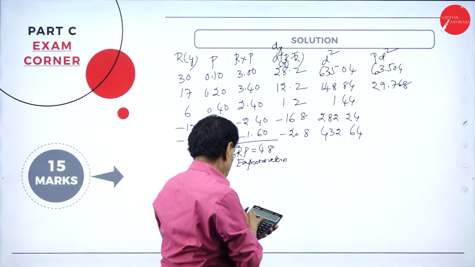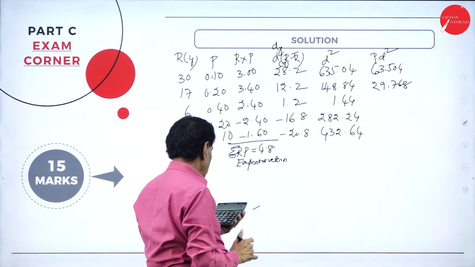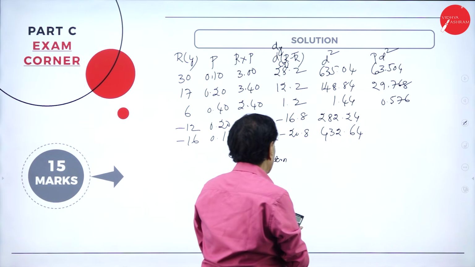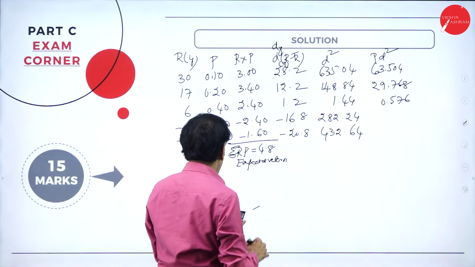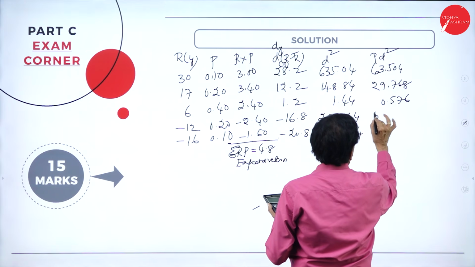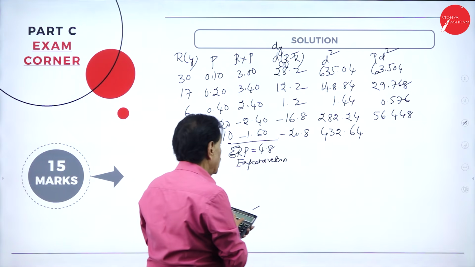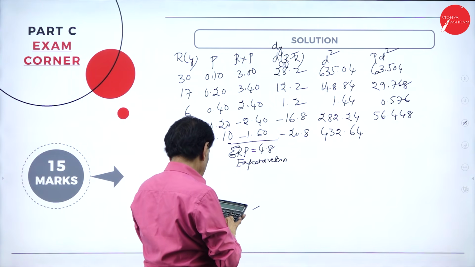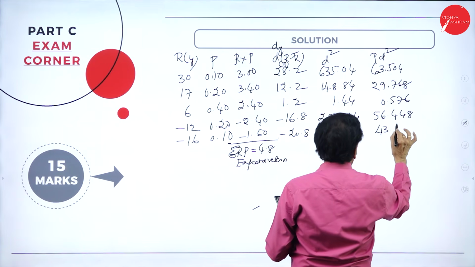Then 1.44 into 0.40 is 0.576. 282.24 into 0.20 is 56.448. 432.64 into 0.10 is 43.264.